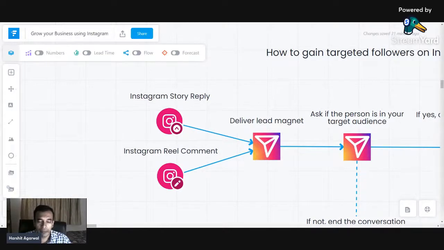The first thing that is to be done is that you can create a lead magnet which is relevant to your target audience. That lead magnet could be a PDF or it could be a video which your target audience will find relevant.